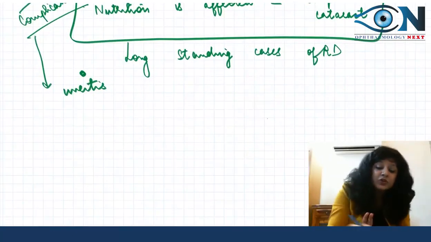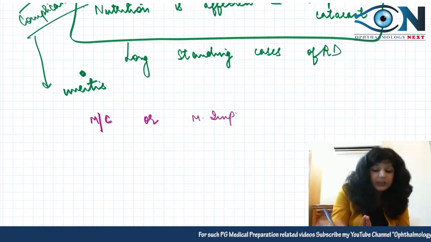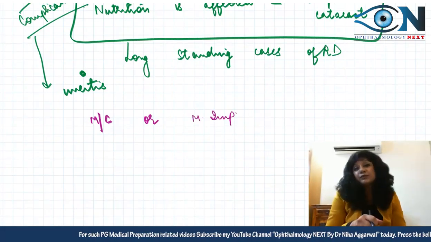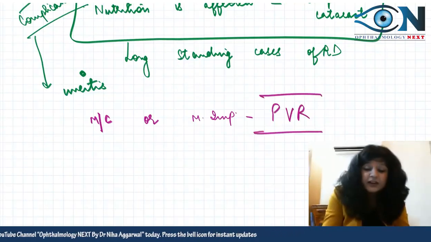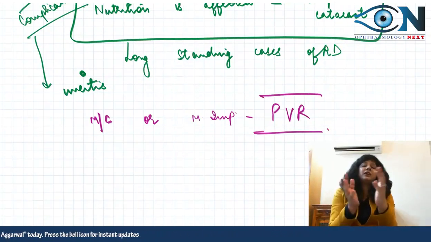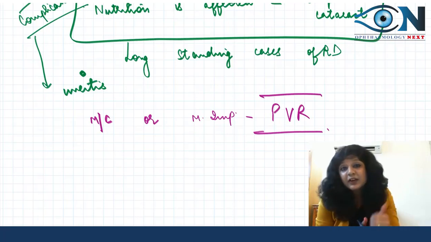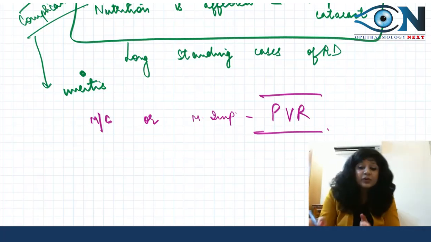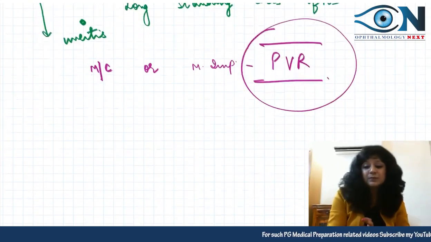But if they ask you what is the most important complication of retinal detachment, it is your PVR. Even the retinal detachment surgery we are doing is also carrying the risk of this PVR. This is very, very important. So what is this PVR?